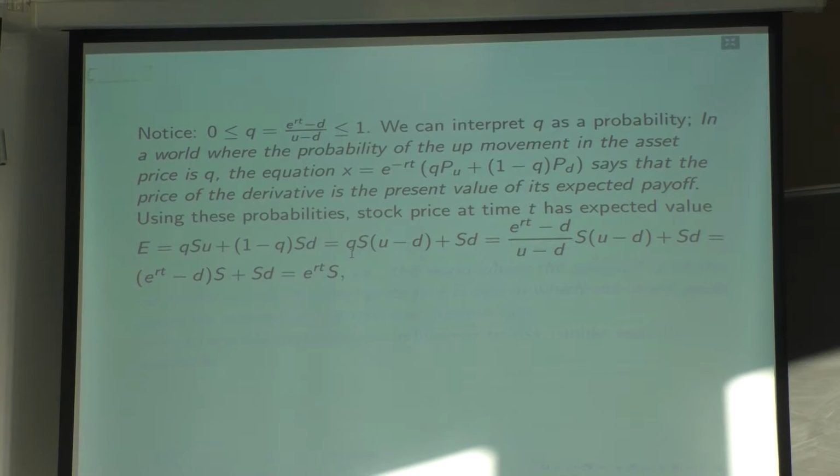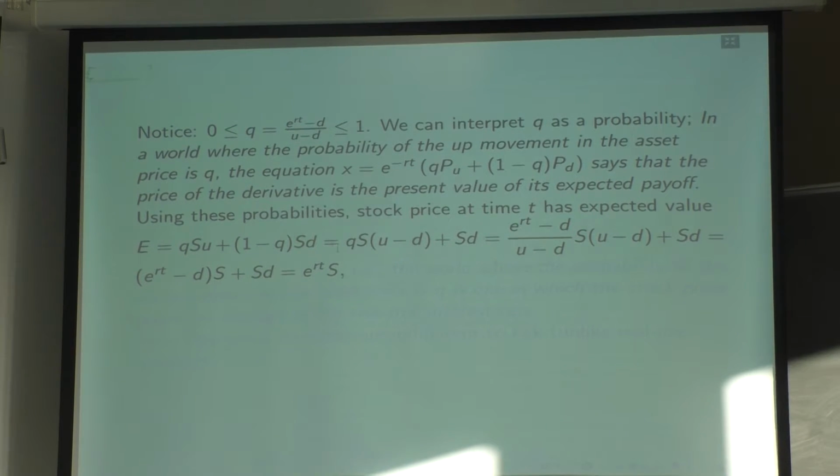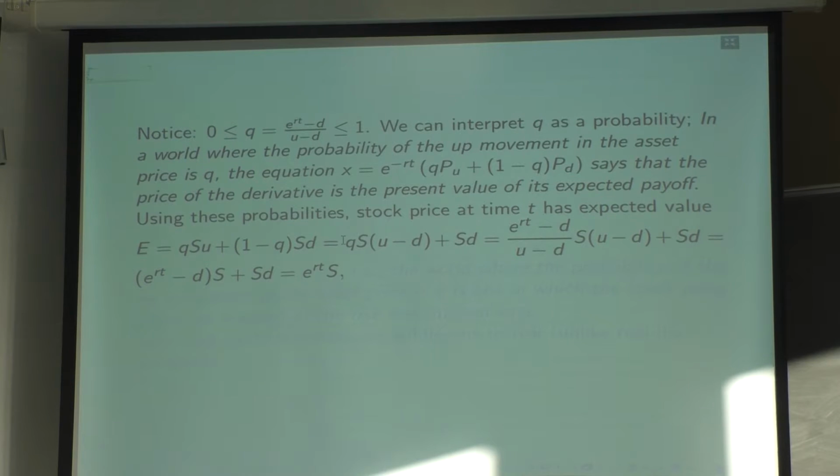Now we remember what q was, and we can pull the q outside and isolate it. When we substitute the value we found for q, some good things happen. The u minus d cancels the u minus d. And after the cancellation, we get this. After we simplify a bit further, we end up with that.